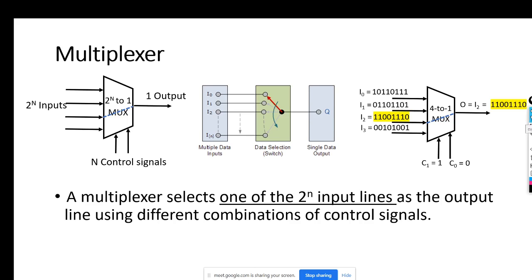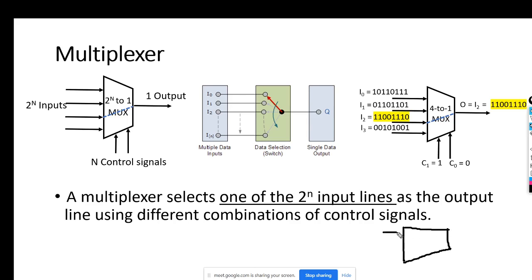Now let's see what is meant by multiplexer. There is a concept called multiplexer and demultiplexer. Now remember, decoder is a completely different thing. We have n inputs, 2 to the power n outputs, and only one output is going to be enabled for different input combinations. When it comes to multiplexer, this is how you represent it, something like a trapezium shape.